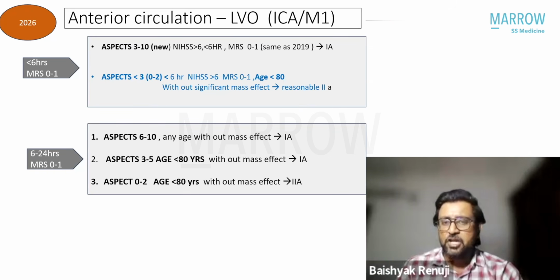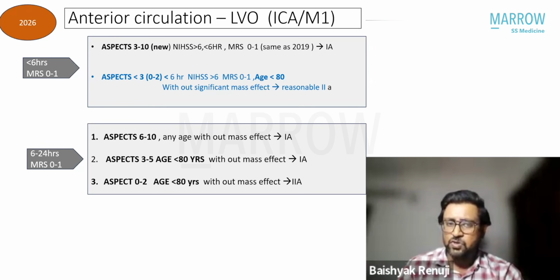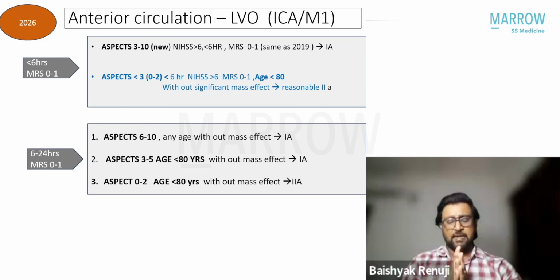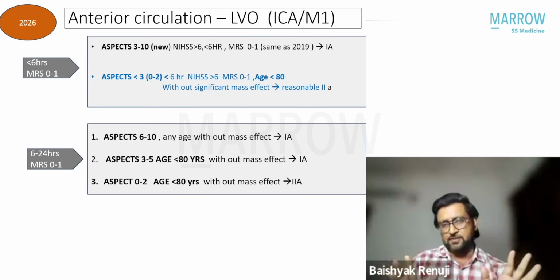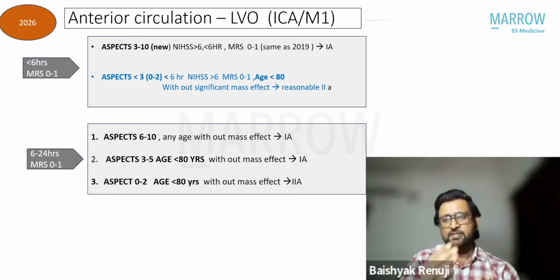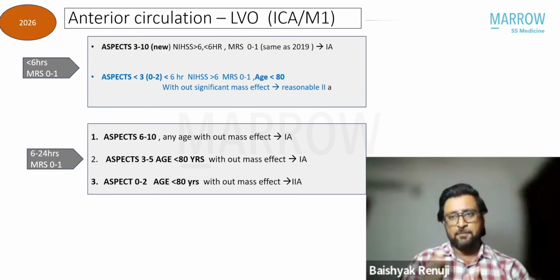Then lower ASPECTS 3 to 5, and you remember this thing: a patient comes with a window of 6 hours. Up to ASPECTS 3 you can take, 10 to 3 ASPECTS you can take with the best evidence. Less than 3 within 6 hours, you can take, preferably age less than 80.